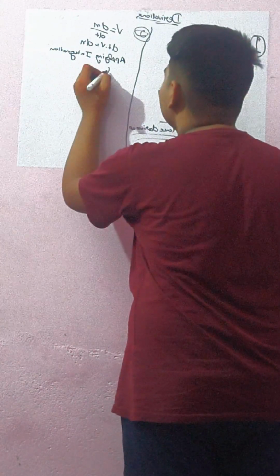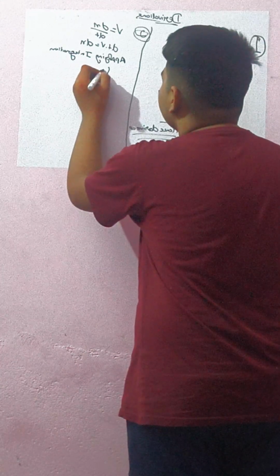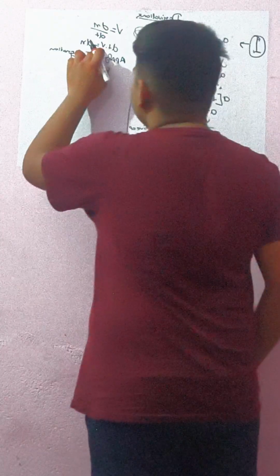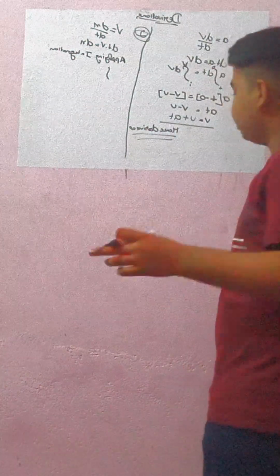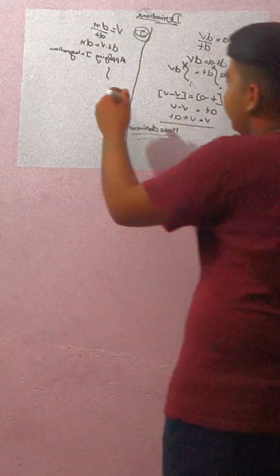on dt, in the place of velocity v we put the equation of first motion, which is equals to u plus at.